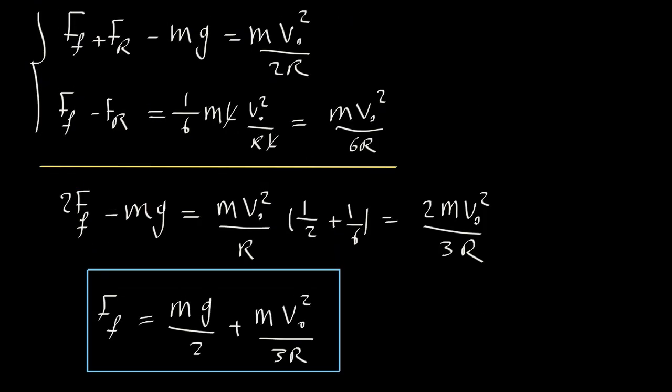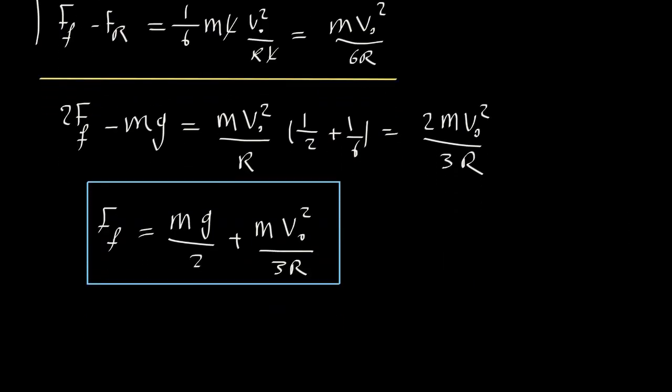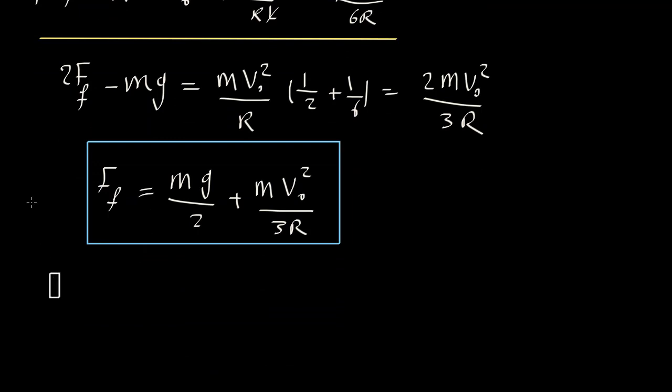I can just substitute this equation into this equation or into this equation and find out f of r. So f of r, I can bring f of r to the right hand side and bring this to the left hand side. So f of r is equal to f of f minus m v naught squared over 6r.